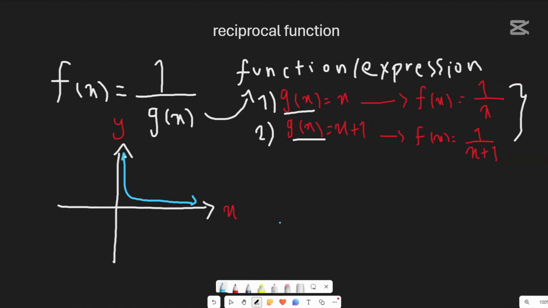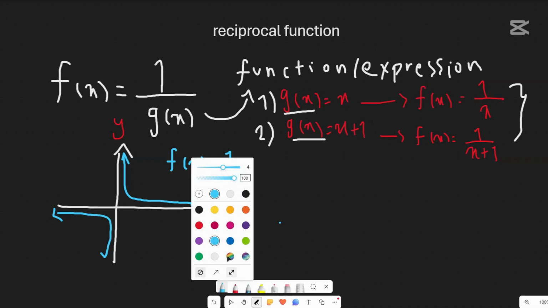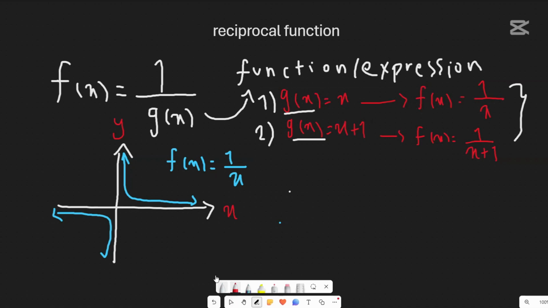The function basically has two different parts, and I'm just sketching the first one. So this is f(x) equal to 1 over x, the simplest reciprocal function. As you can see, this function has two different parts, right? This is the first part, this is the second part.